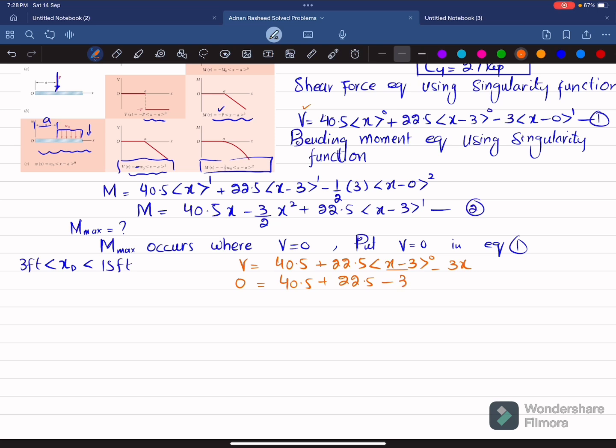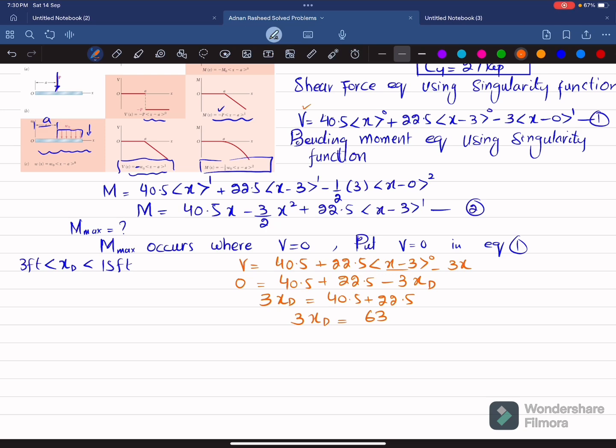So minus 3, we will replace this x with xd because we are going to find the distance at which shear force is equal to 0. So from here 3xd is equal to 40.5 plus 22.5, and xd will be equal to, 40.5 plus 22.5 is 63. So 3 into xd is equal to 63.